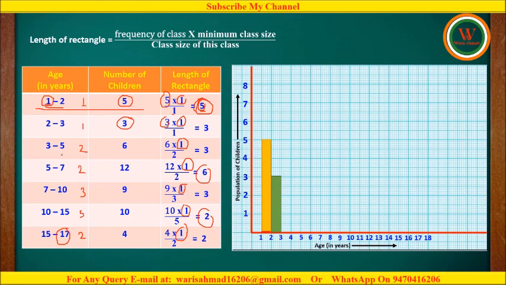Third one, 3 to 5. This time the breadth of the rectangle will change from 3 to 5 and the length is given 3. So we will draw this bar. Next one is 5 to 7 and length is 6. So we will draw the next bar. Next one is 7 to 10 and the length is 3.